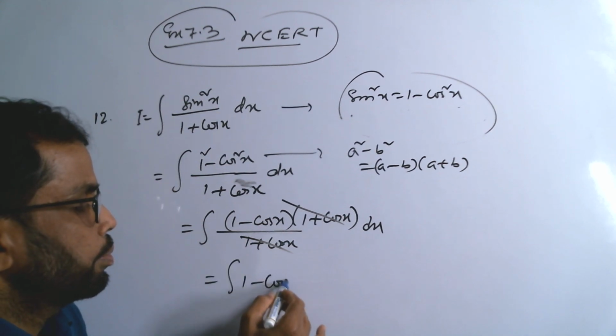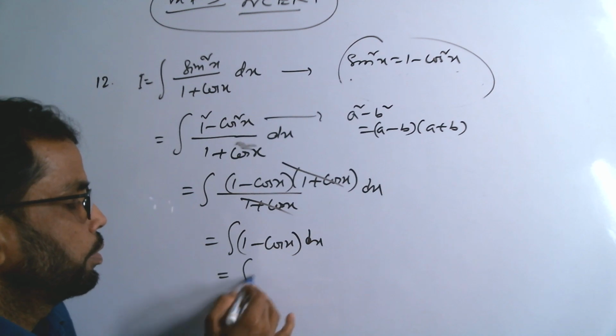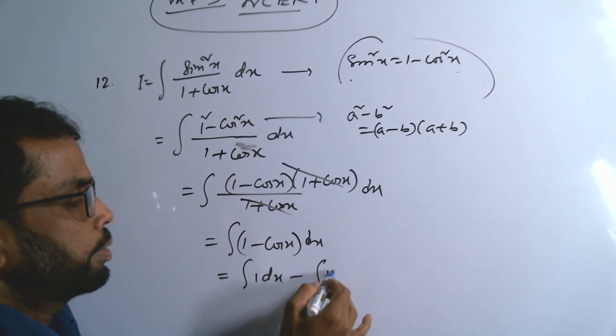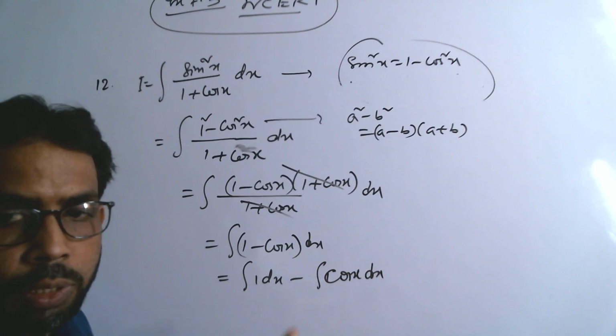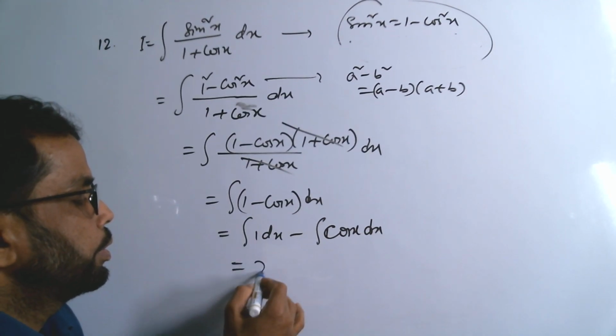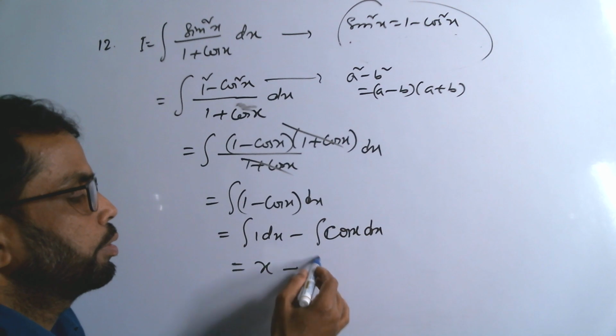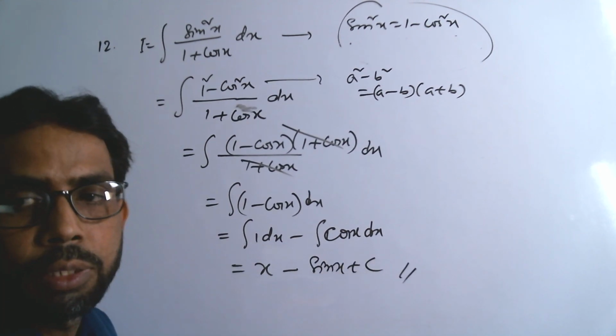It is 1 minus cos x, which can be written as integration of 1 dx minus integration of cos x dx; we have split the two integrations separately. Integration of dx is x, integration of cos is sine plus constant. The integration is done.